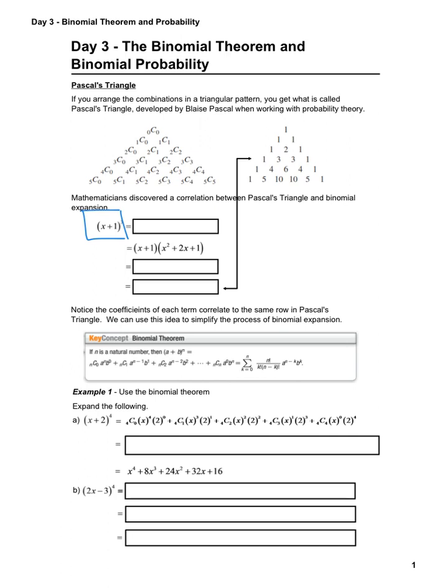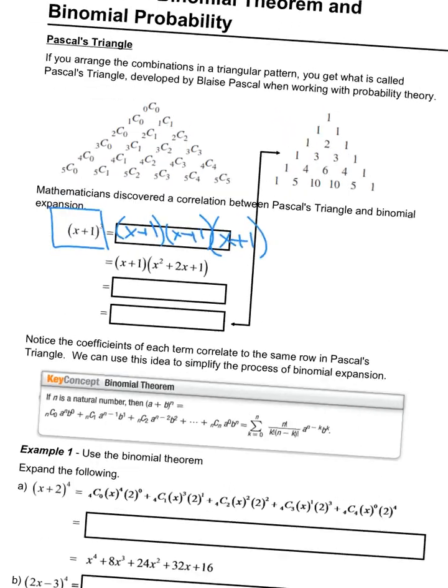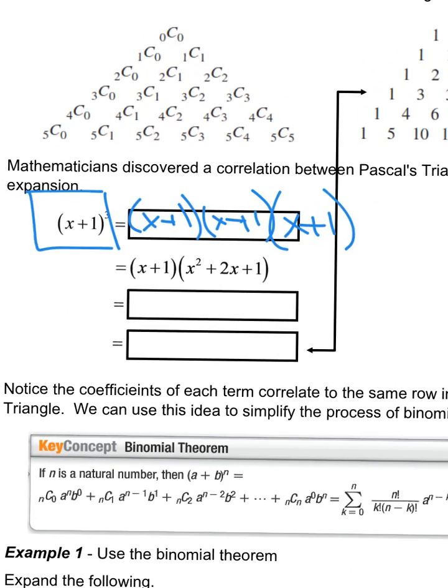And back then, you'd have to take x plus 1 and multiply it by x plus 1 times x plus 1 times x plus 1. Then you'd have to FOIL everything out. You'd get x squared plus 2x plus 1 times x plus 1. You'd have to expand even further. I'm going to zoom in a smidge here so I have a little more space to write.